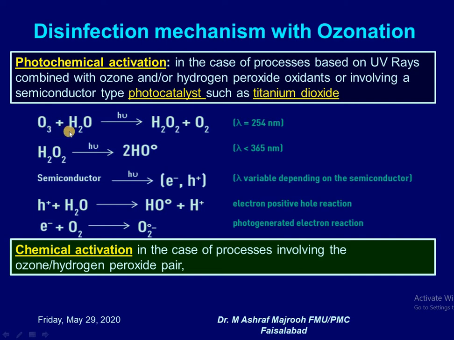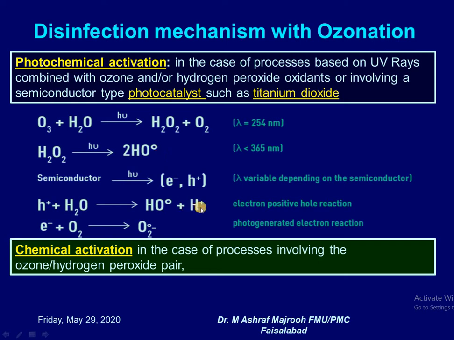Here you see ozone combined with water in the presence of 254 nanometer wavelength UV rays, and H2O2 and O2 are produced. In the second reaction, H2O2 reacts in the presence of a catalyst and 365 nm UV, and it produces 2HO.